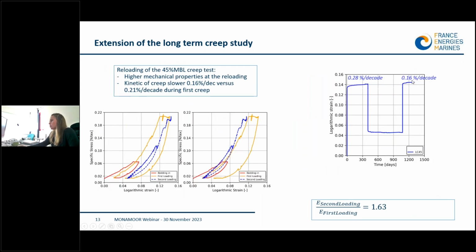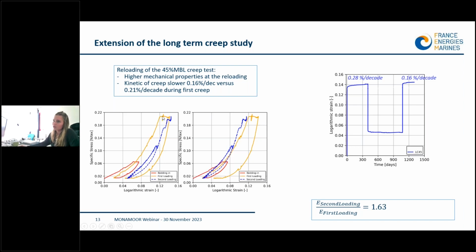For the second reloading, we could see that we have a slower creep rate. So the history of loading will impact the creep kinetics, but not increase them. So it's okay for the application. And then here we have plotted the specific stress versus logarithmic strain.